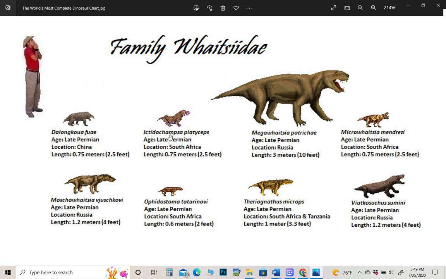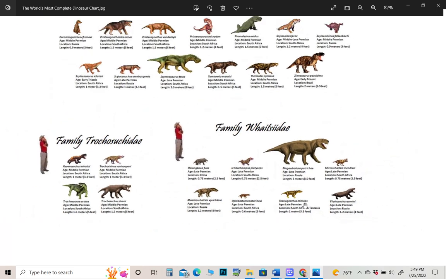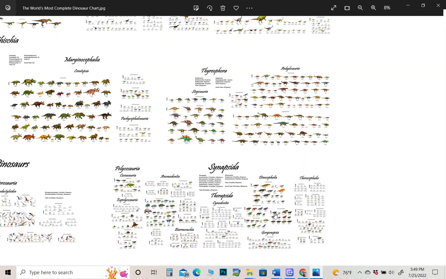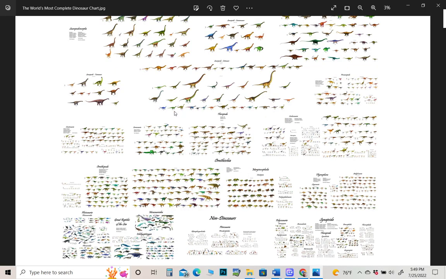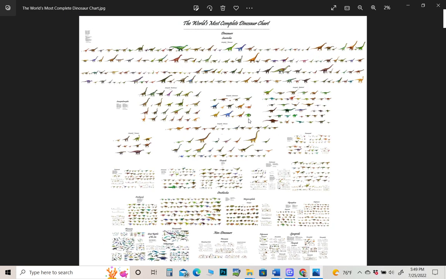Delancua, Ictidochamsa, Megawatsia, Microwatsia, Moschawatsia, Ophidostoma, Theriognathus, and Viatcosuchus. And that is the last of the synapsids and the last animal on the world's most complete dinosaur chart. I'm going to include a link in the description of this.